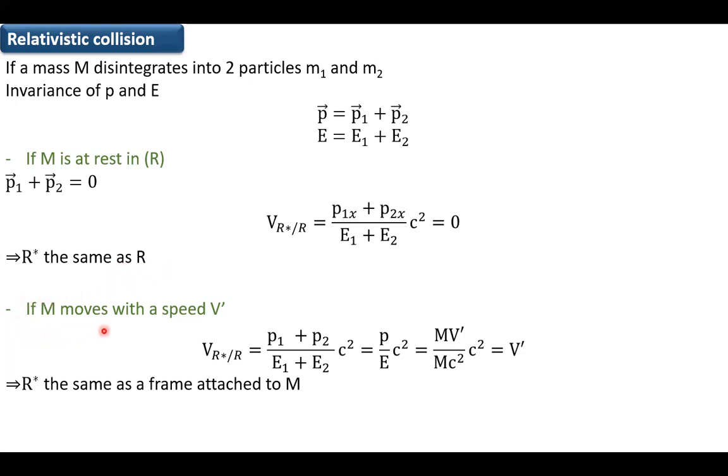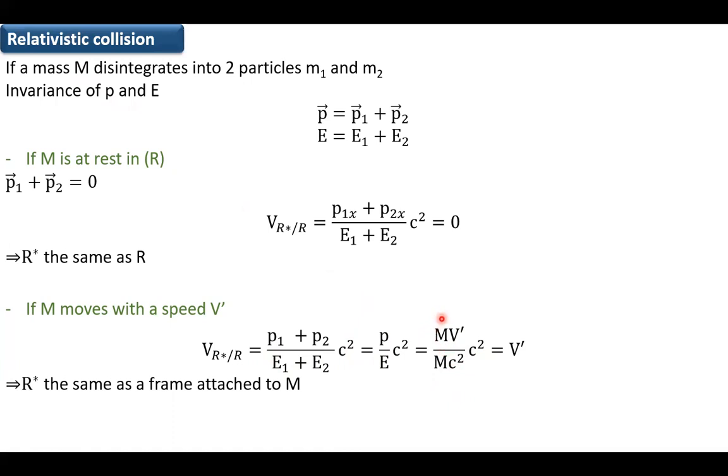If M is moving and has an initial speed V prime, the speed of R star with respect to R would be the sum of 3D momenta over the sum of energies, so P1 plus P2 over (E1 plus E2) c squared, which is the total P over the total E c squared, the quantities corresponding initially to big M. So it is M V prime over M c squared times c squared.